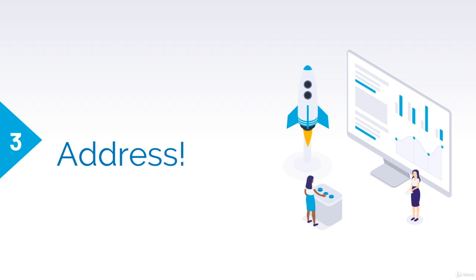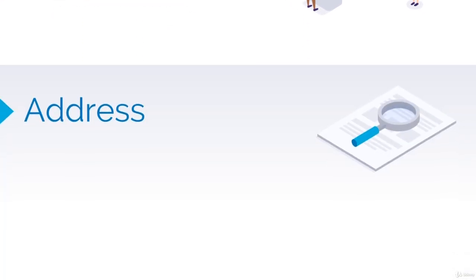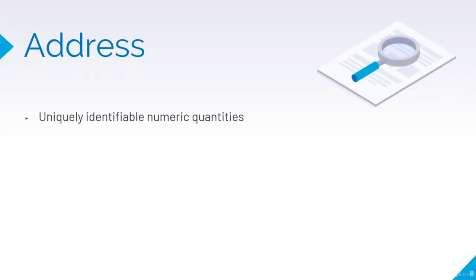And now comes the concept of an address. We humans are identified by our names, but machines do not understand this language. So in order for machines to communicate with each other, they need addresses in the form of numbers. A node address is nothing but a simple 32-bit number. They are uniquely identifiable and they are numeric quantities.